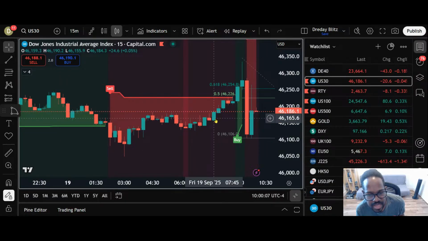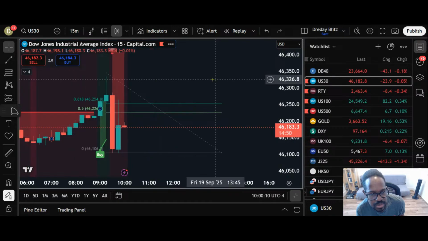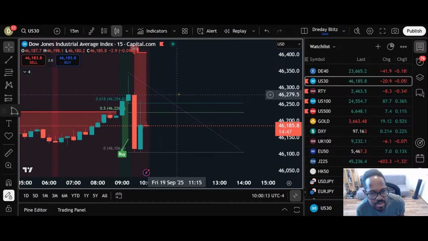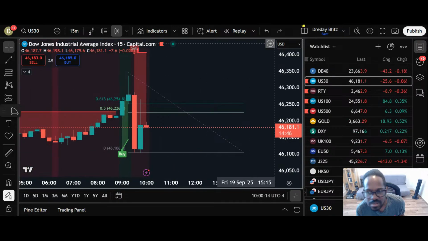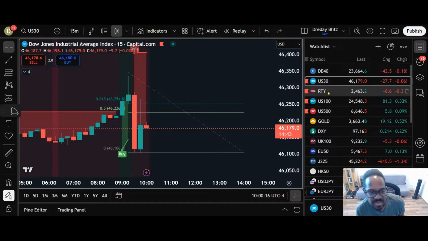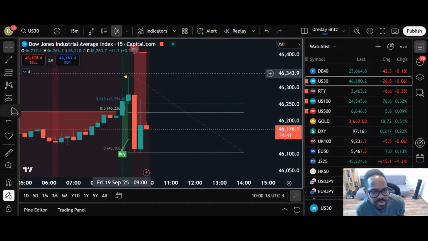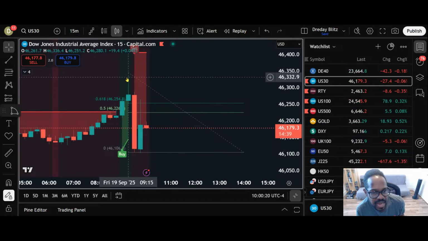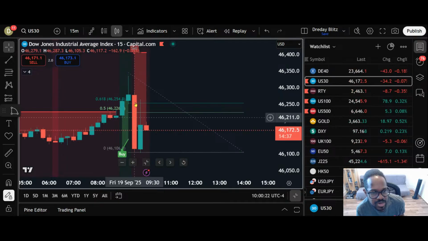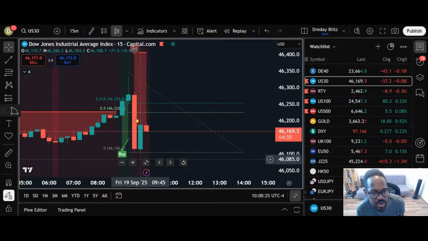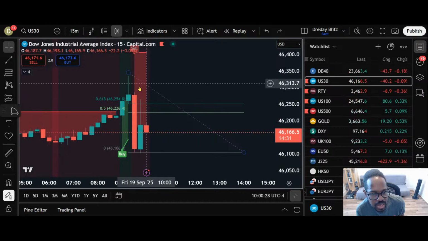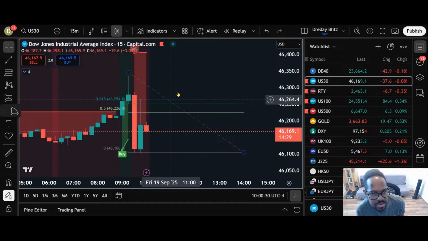It did that in one swoop, right? So if you see that, you put your fib from the highest point to the lowest point of that big engulfing candle. It could be a bullish or bearish engulfing candle, and you're gonna have your retracement point, right?